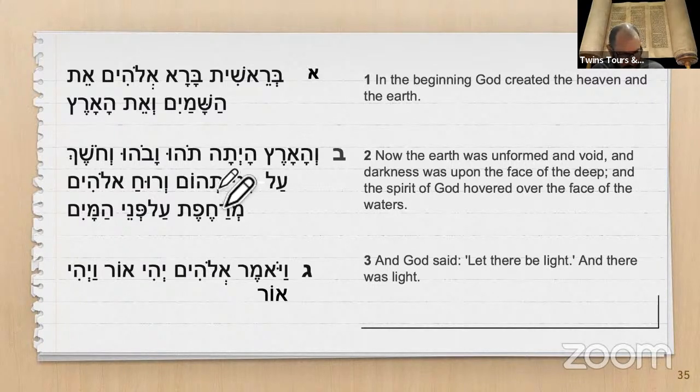Tet with the two dots is shva, he, and then a dot on the top is o, holem. Tehom, tehom. Ve, the shva, Resh, o, Het with a patah, Veruach.